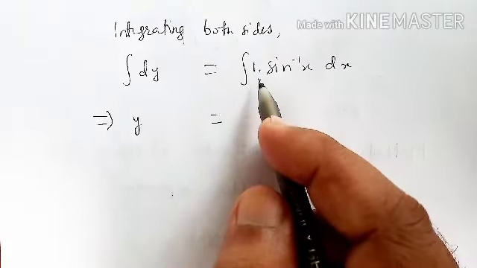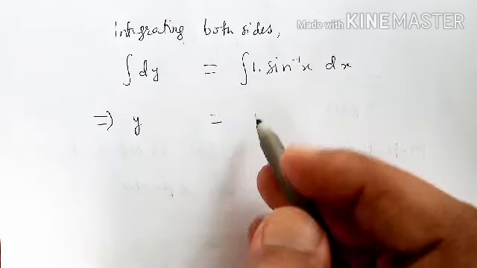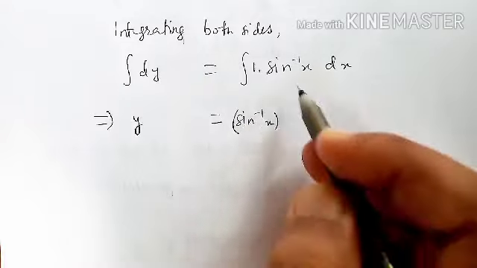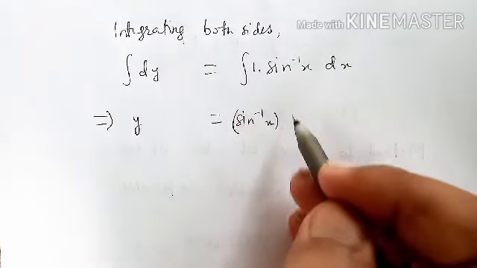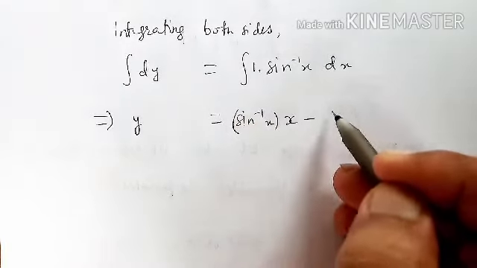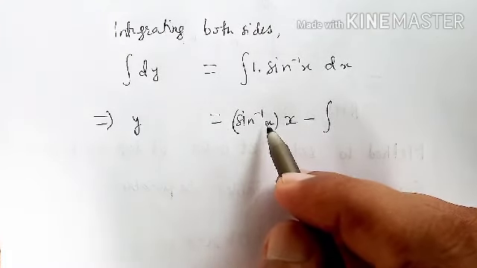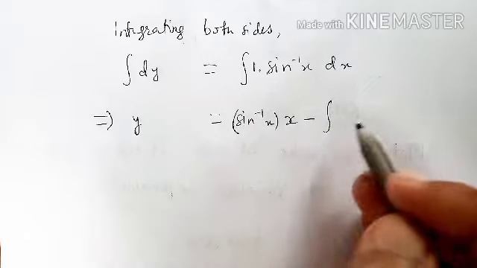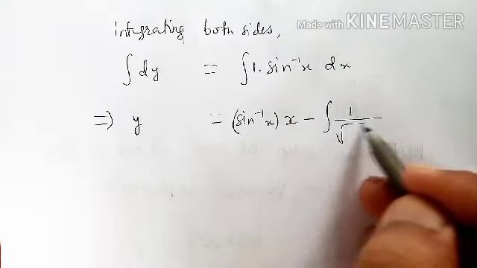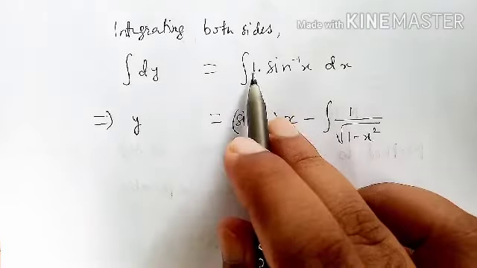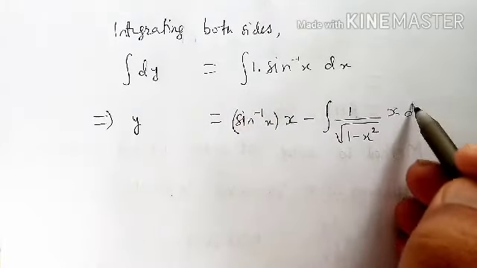Here integral of dy is y. According to ILATE, sin inverse x is the first function. Now integral of 1 is x. The derivative of first function sin inverse x is 1 by square root of 1 minus x square. Integral of second function is x.